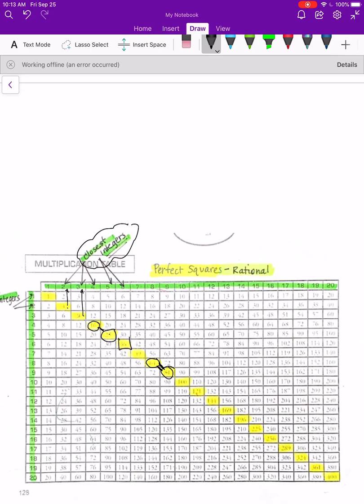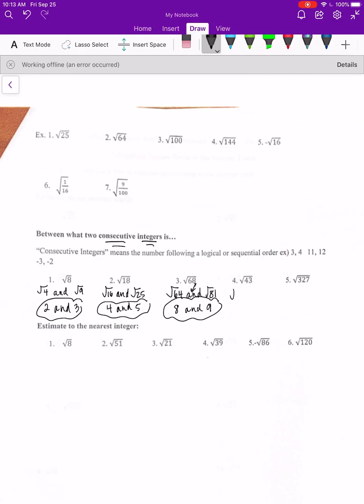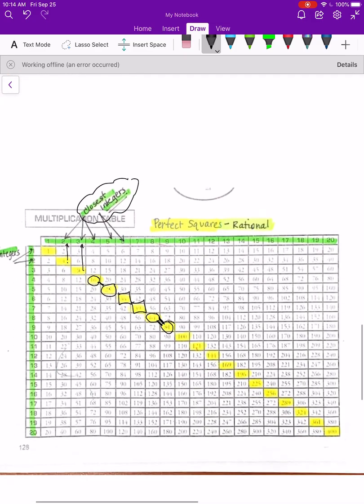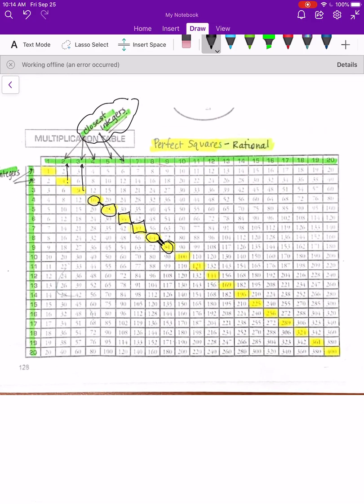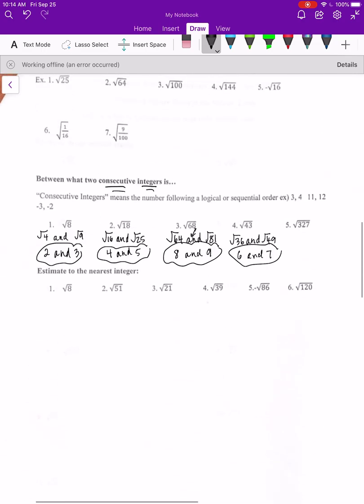Next, 43. And again, I would stop the video if I were you and try them out yourself. 43 is going to be between 36 and 49, so between the square root of 36 and the square root of 49. The square root of 36 is 6, and the square root of 49 is 7. And then 327, ooh, that's way down here. It's going to be between 324 and 361.